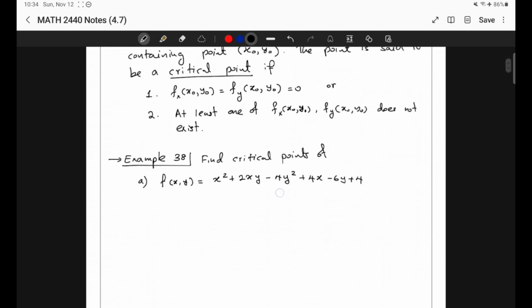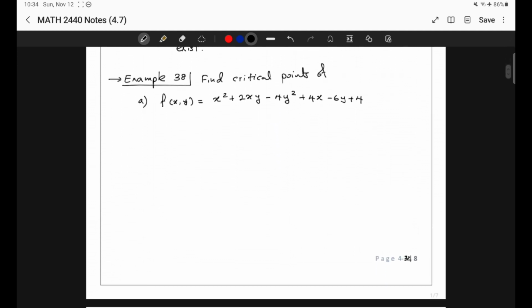Now let's look at an example. Example number 38 from the book. Find critical points of this function f(x, y). It's a polynomial, so let's find its partial derivatives.